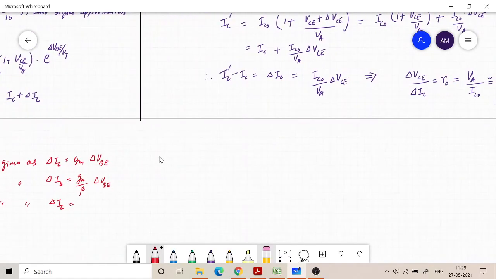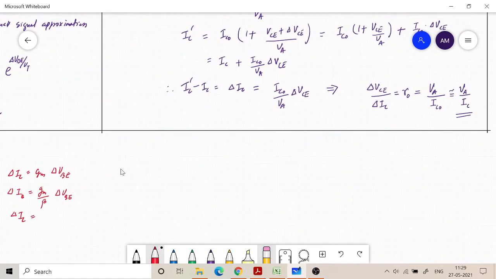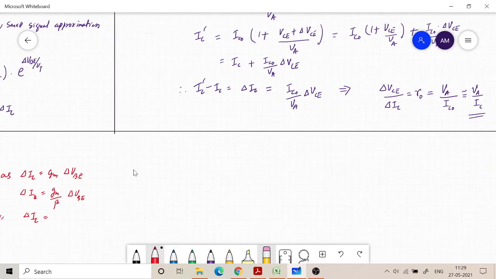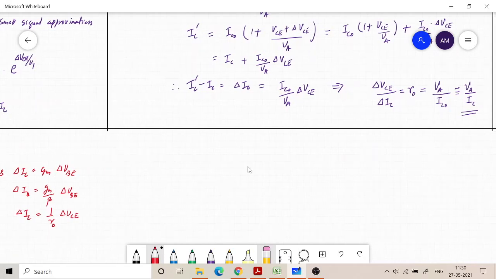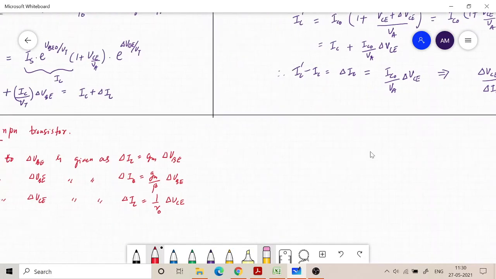Delta IC, in terms of R naught, is basically equal to 1 by R naught into delta VCE, where 1 by R naught is IC by VA.